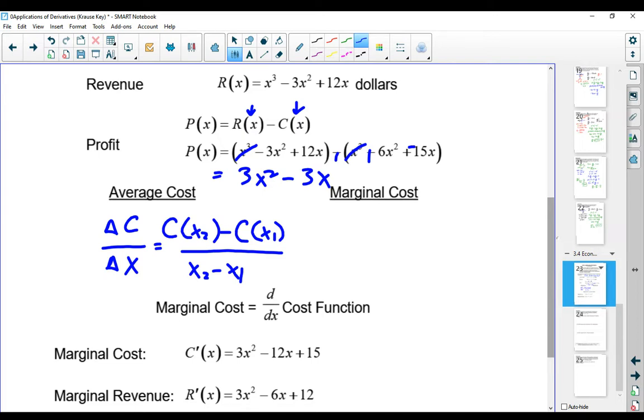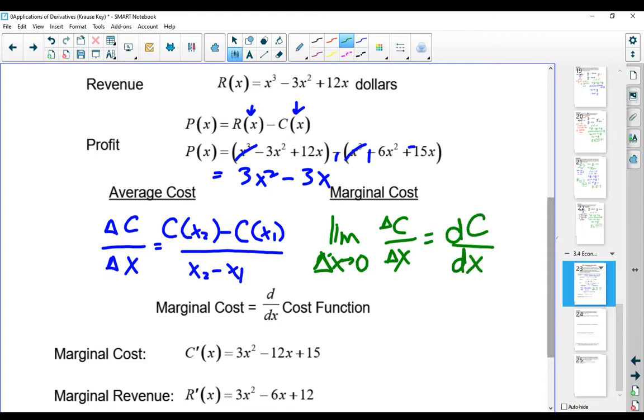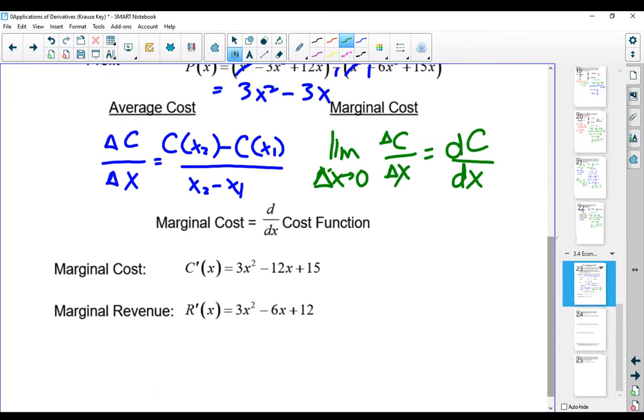So instead of seeing instantaneous, you're going to see marginal. When we're looking at marginal cost, this will be the limit as delta x approaches 0 of delta C over delta x, or we're looking at the derivative of cost with respect to the number of items, or the x.